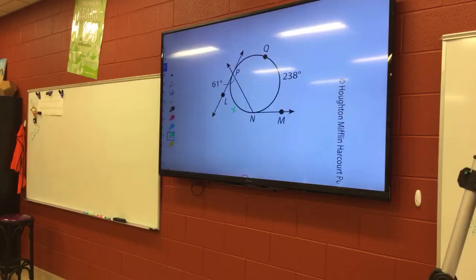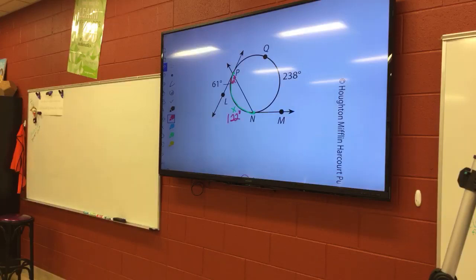Okay, so PN is from here to here. Now, do you see that 61 goes right here in this angle? So if that angle is 61, what is arc PN? 122.